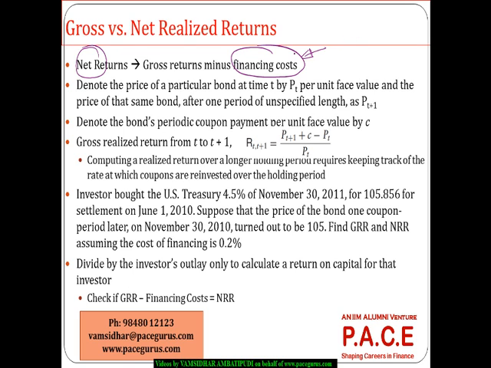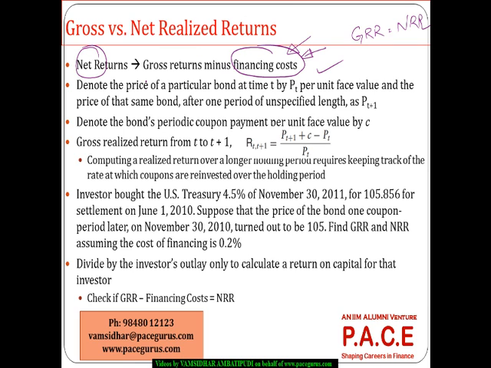Which means if the particular security has not been financed, no borrowing has been done for purchasing that security, then the gross realized return is similar to my net realized return. One important point for me to understand.